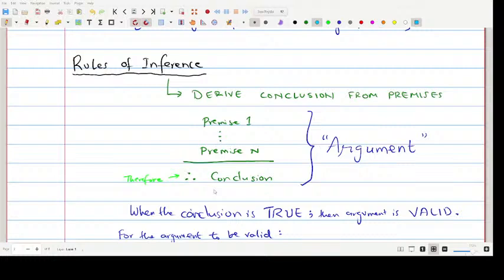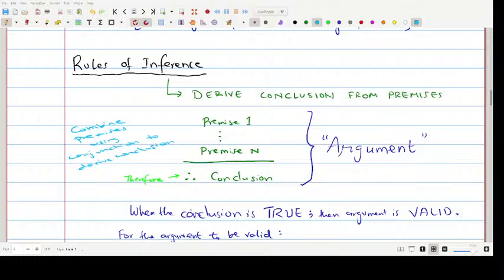I think I should write that small commentary here as well: we combine premises using conjunction to derive a conclusion.